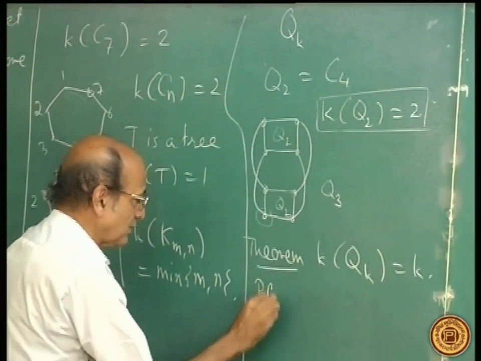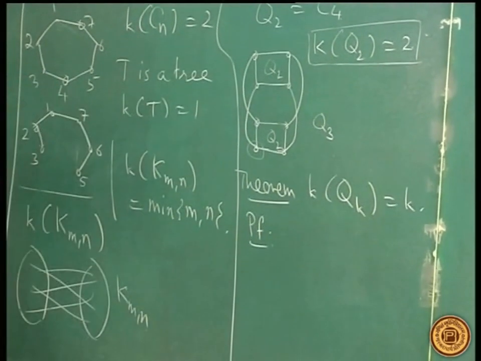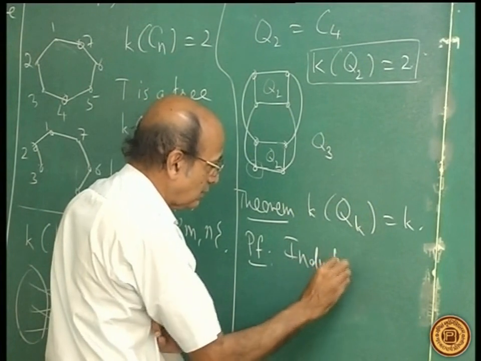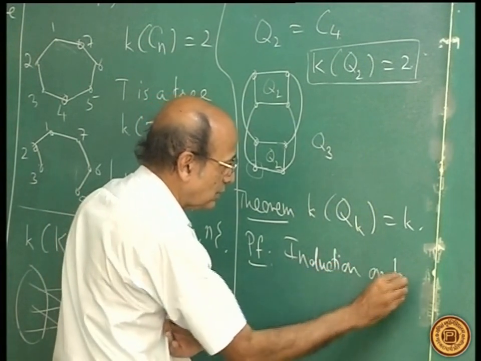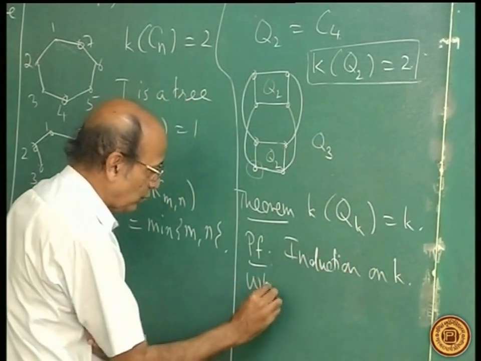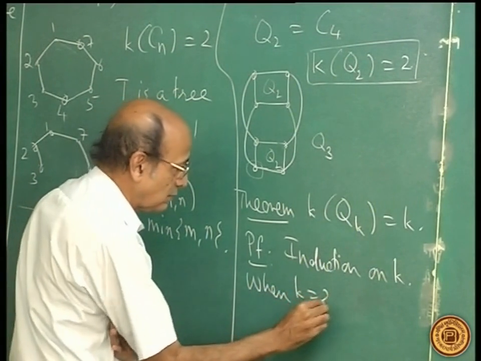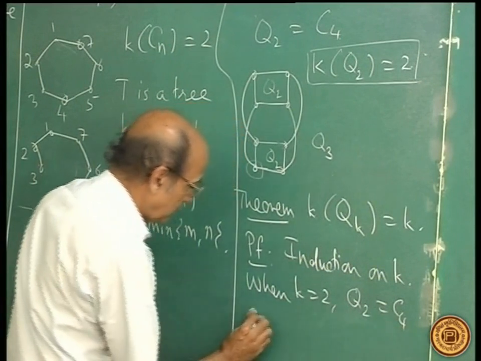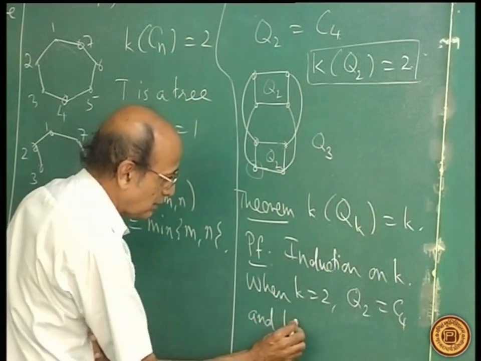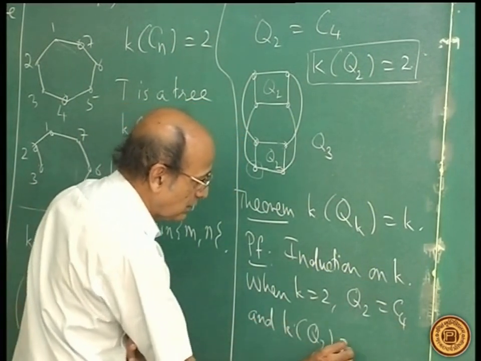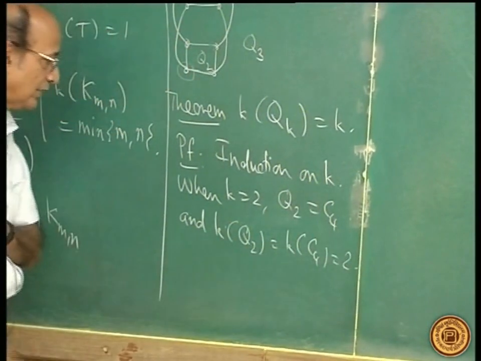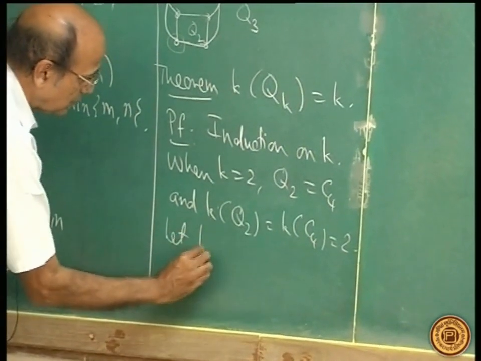Proof. Induction on k. When k is equal to 2, Q2 is C4. So let k be at least 3.